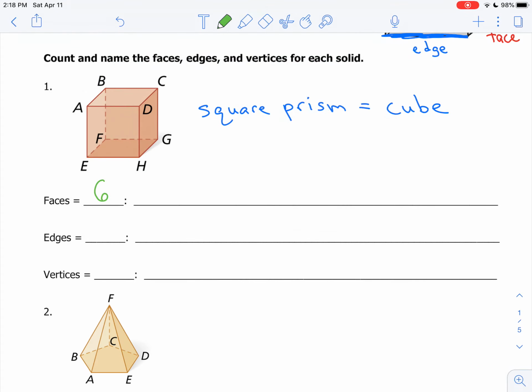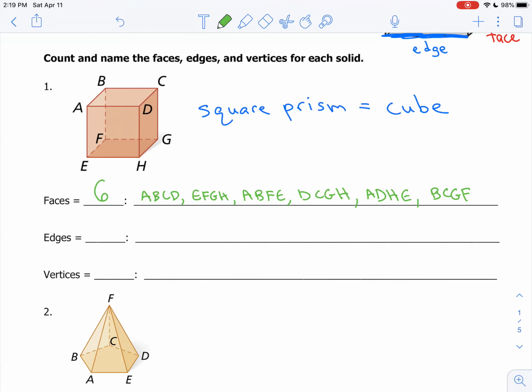I'll do the top as A, B, C, D. I'll do the bottom as E, F, G, H. I'll do the left face, A, B, F, E. I'll do the right face, D, C, G, H. I'll do the front, A, D, H, E. And I'll do the back, B, C, G, F. These can get a little bit tedious, but it is also a nice review of lots of different things that we've done.